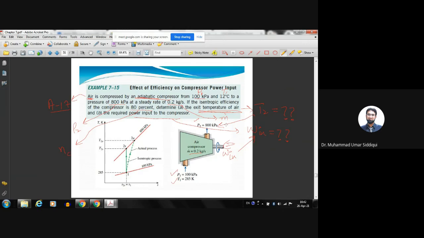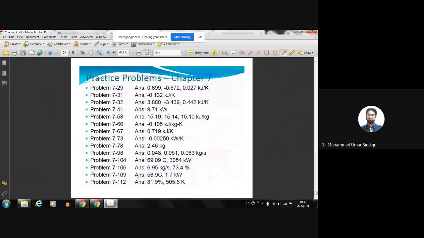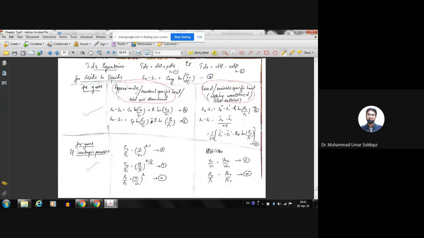So this is the case that we have. Now, first of all, it is air, so table A17 will be used. Whenever we have to use table A17, we need to look at what is written in the question, as we discussed last time.